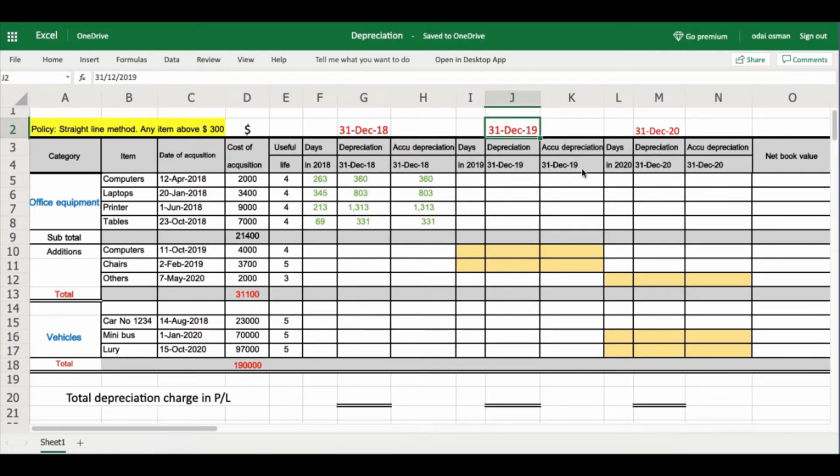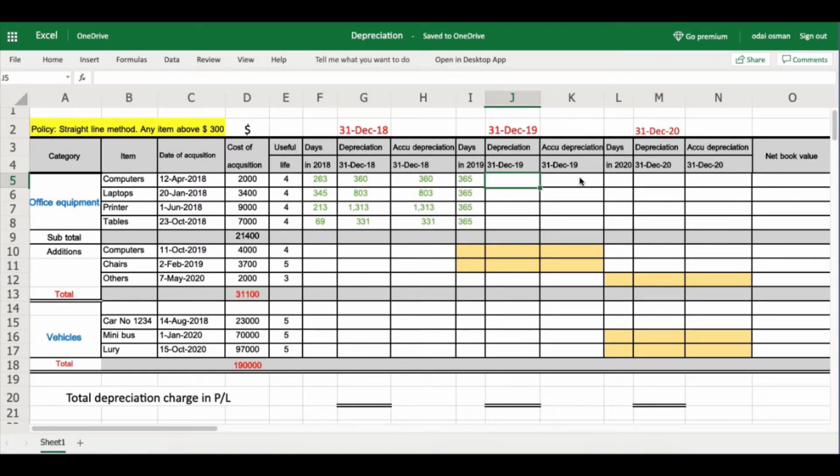In the next year, 2019, we need to calculate how much we are going to show in profit or loss as the depreciation charge. As we are in the second year, we need to apply the full year, which means 365. Drag down the formula.